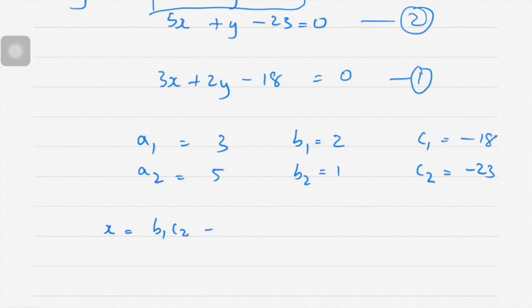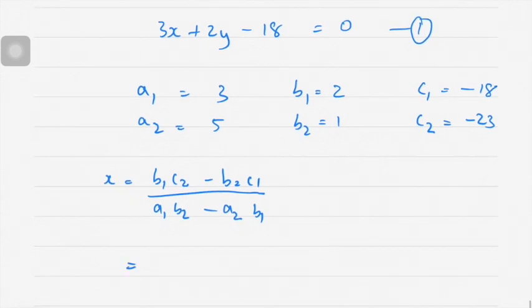So value of x. What is the formula? x is equal to B1 C2 minus B2 C1 upon A1 B2 minus A2 B1. Correct?